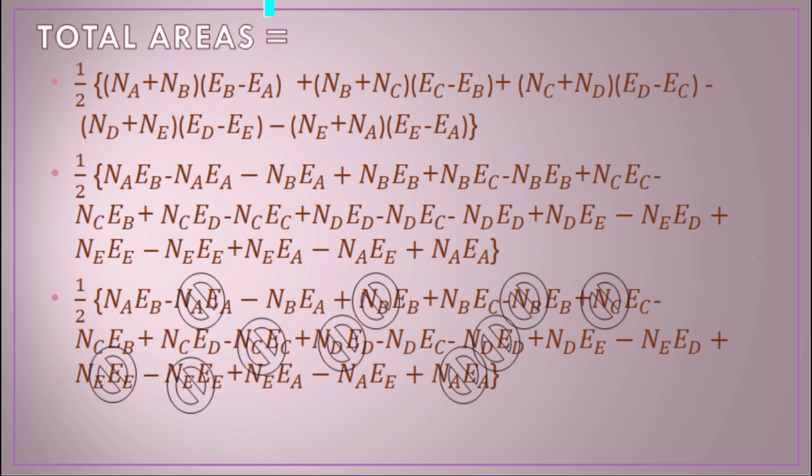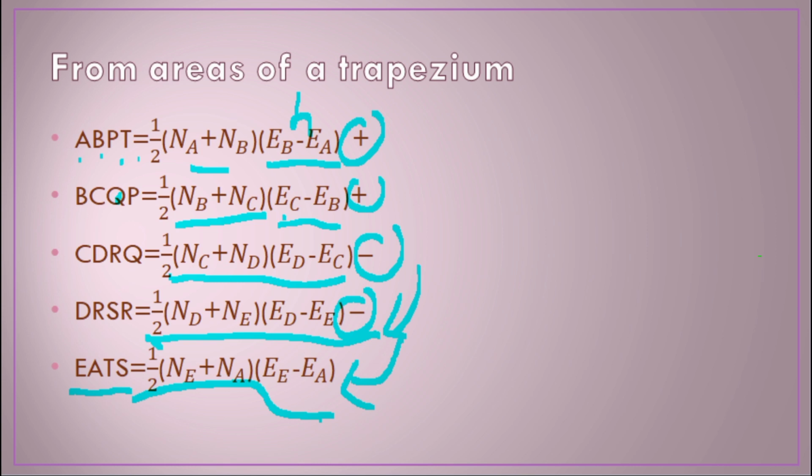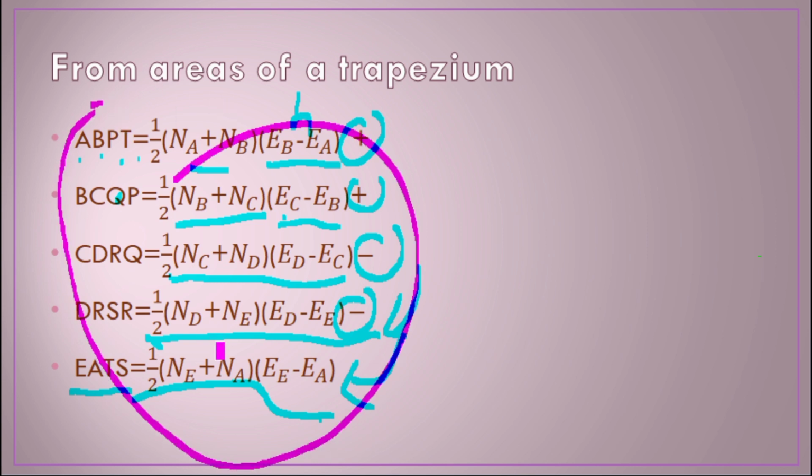So for the total areas, I have taken everything that is here, those areas that we were supposed to add and those that we were supposed to subtract, I've done that.